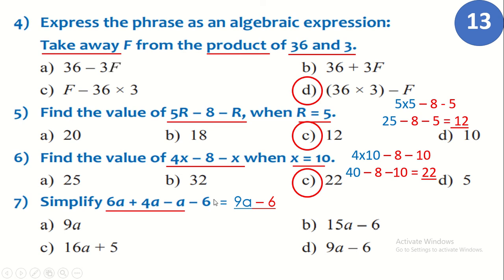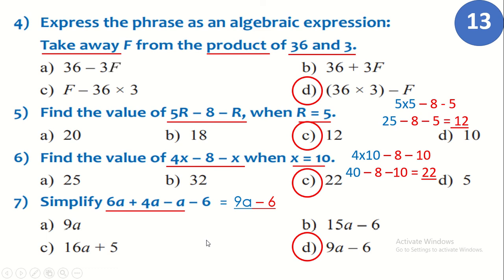And then you have the constant, minus 6. The answer is 9a minus 6. Where is that? A, B, C, D. Letter B. Correct, students?